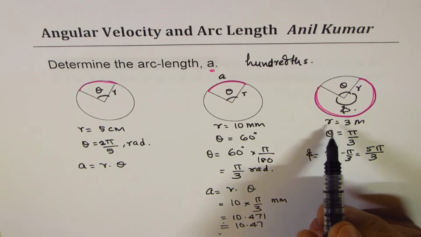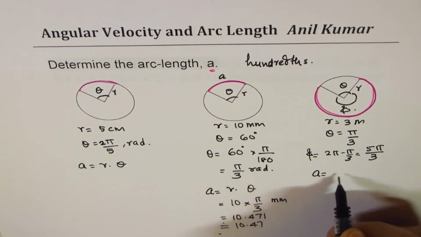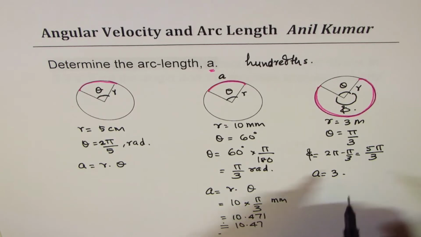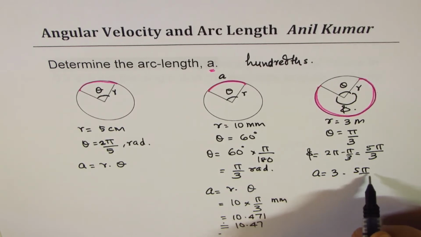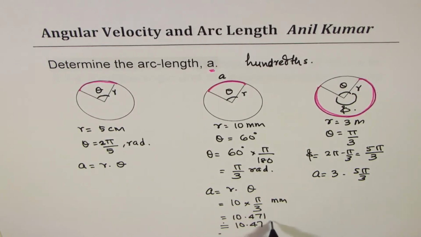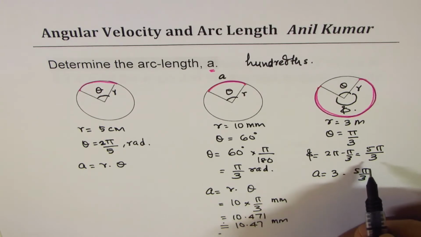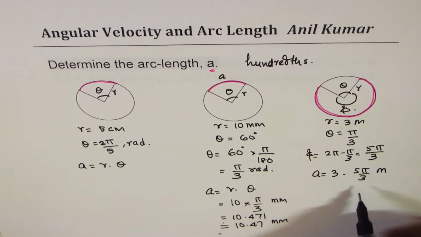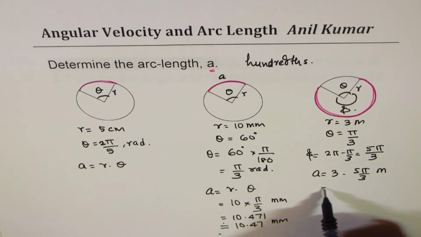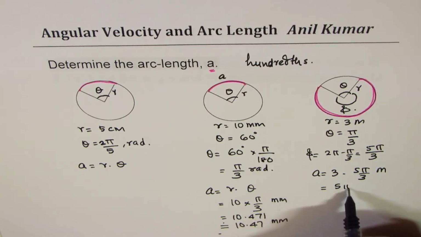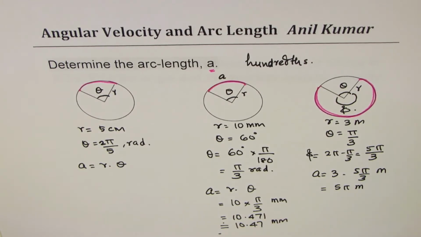And therefore, the arc length A should be equal to 3 times 5 pi by 3. And the units, last time the units were millimeters. Here, the units are in meters, correct? So that is how we get the exact value, 5 pi meters, as these 3 cancel.